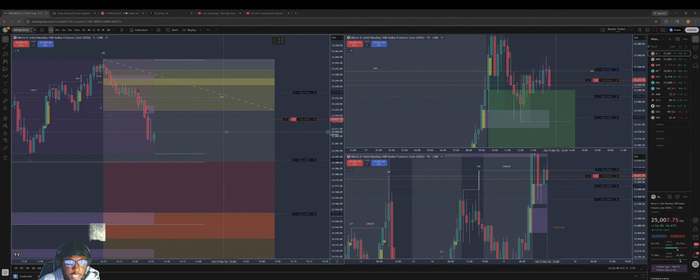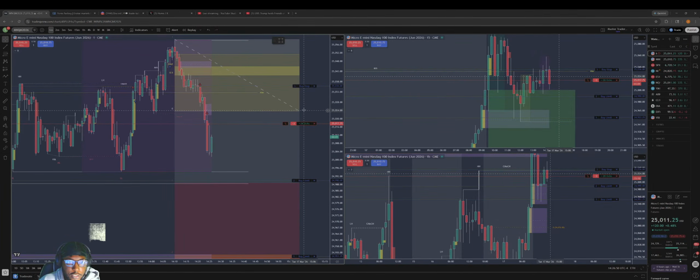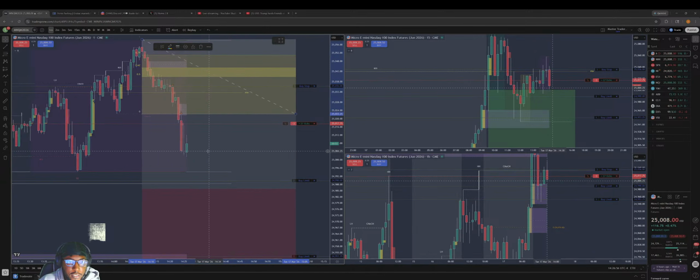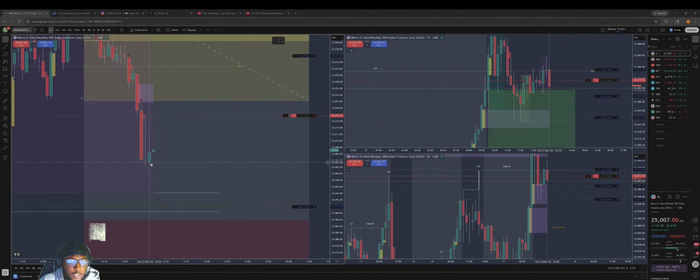All right, this 1 minute candle right here is ugly. This is an ugly 1 minute candle. If I want price to go lower, I do not want to see 1 minute candles that look like this, right? This is a doji, where you have a long wick and a small body.